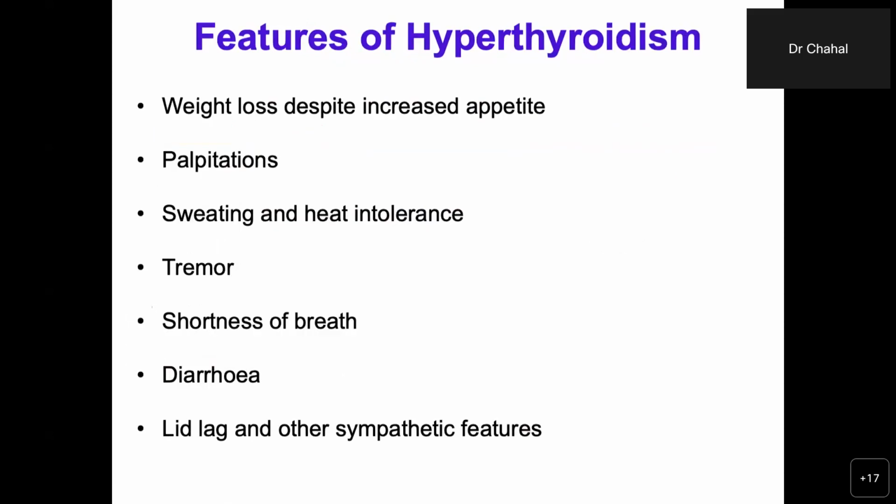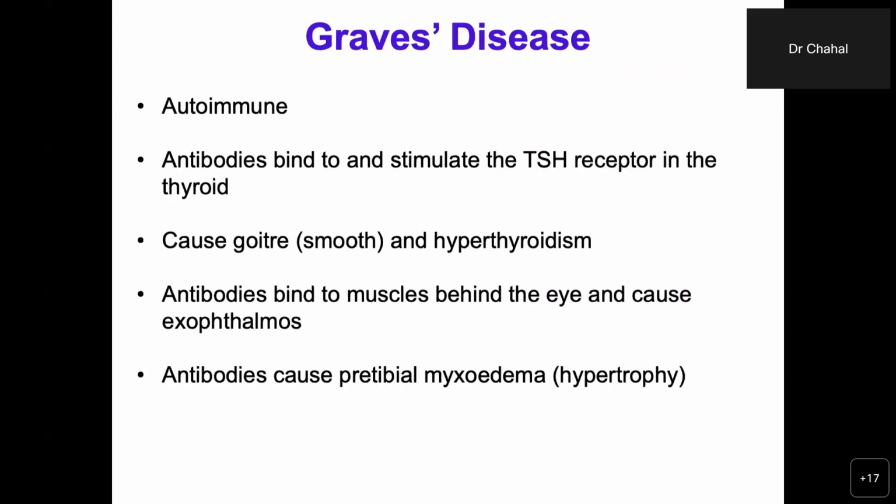But the clinical features of hyperthyroidism are the reverse of hypothyroidism. So patients' appetite increases, they have weight loss, which isn't good weight loss. They can get palpitations, tachycardia, diarrhoeal symptoms, feeling anxious or tremulous. They can also get eye symptoms as well. And Graves' disease, as I said, is the most common cause of an overactive thyroid.